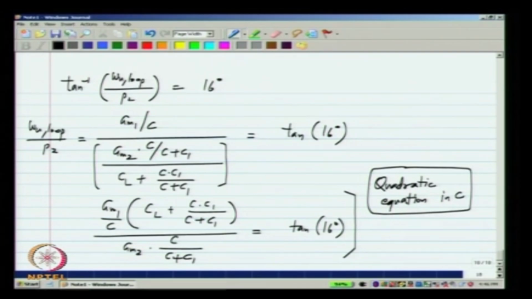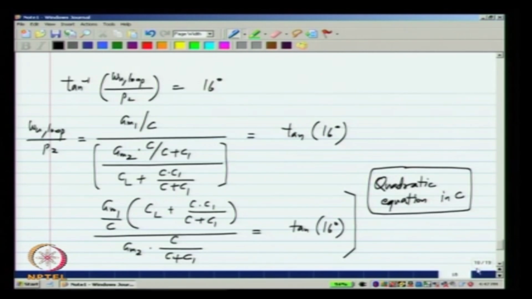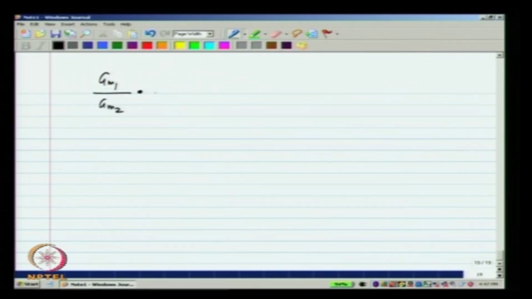So, let us try to put it in a more illuminating form. We will have GM1 by GM2 times one over C square appears there.